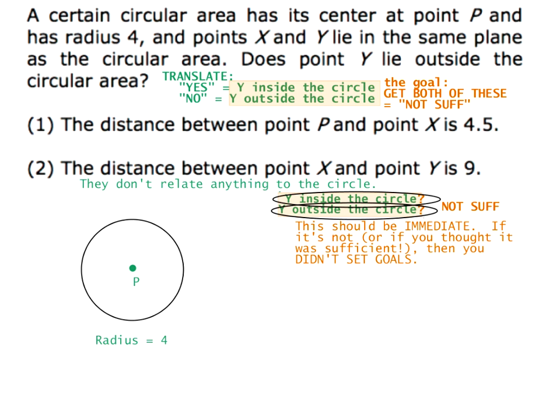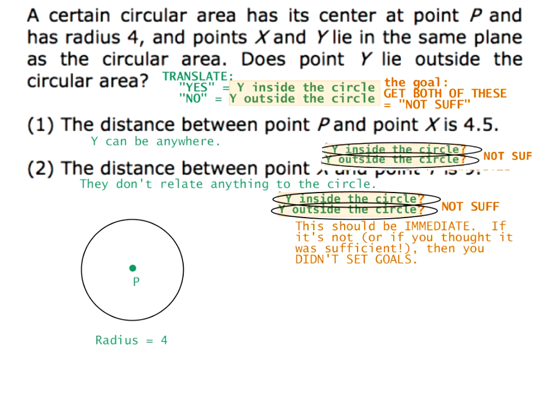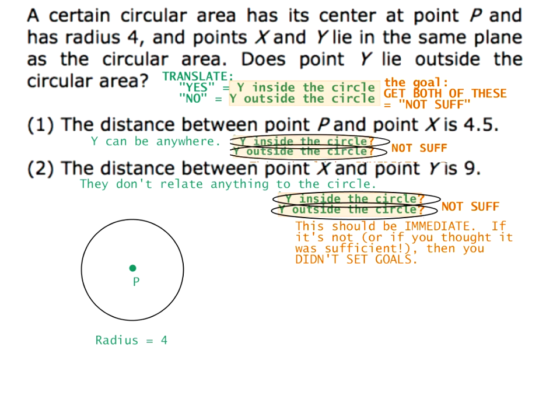So, again, a lot of you guys thought, not a lot, but a few of you thought statement 1 was sufficient too, but you don't even know where Y could be, anywhere. So, again, both outcomes are immediate. And the same warning applies to this one as to the other one, which is if you didn't immediately get this. So let me actually revise that.